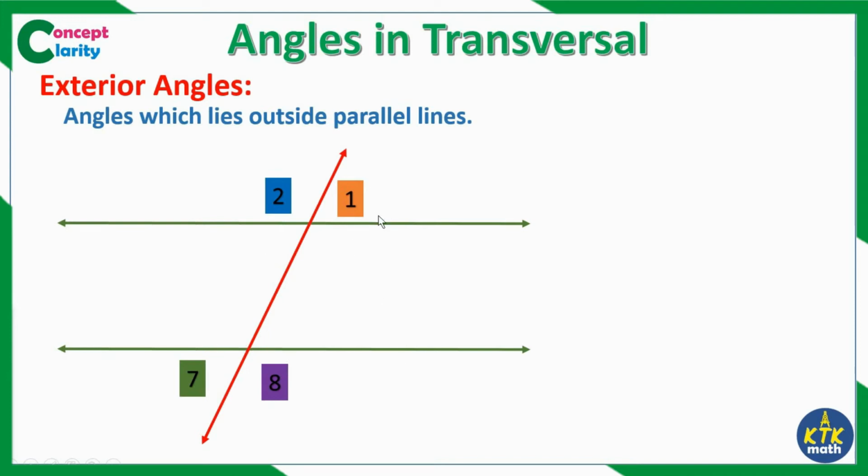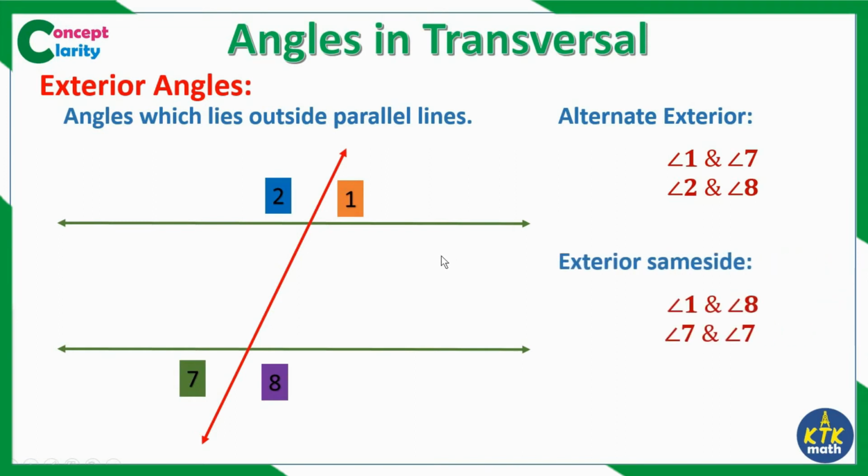These four angles lie exactly outside your parallel lines. Like interior, here also we have two types: alternate exterior and exterior same side. As I told you, 1 and 7, you just check, 1 lies on the right side, 7 lies on the left side. In the same way, 2 and 8, 2 lies on the left side, 8 lies on the right side.